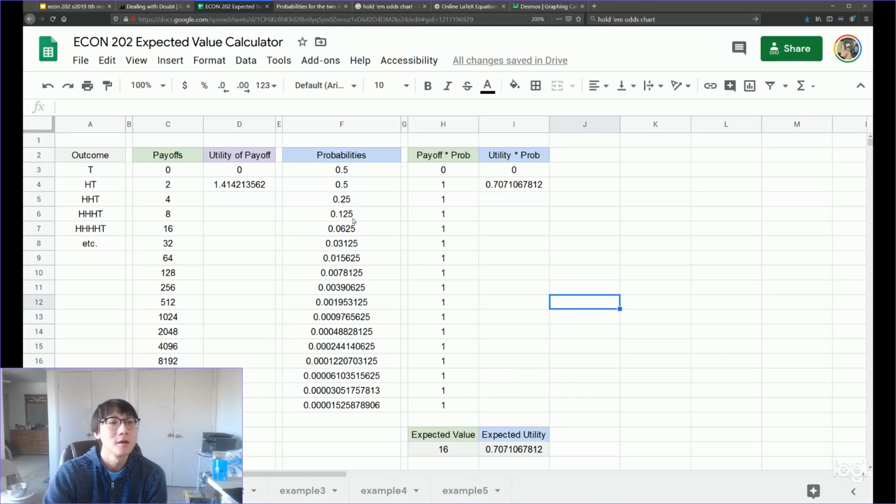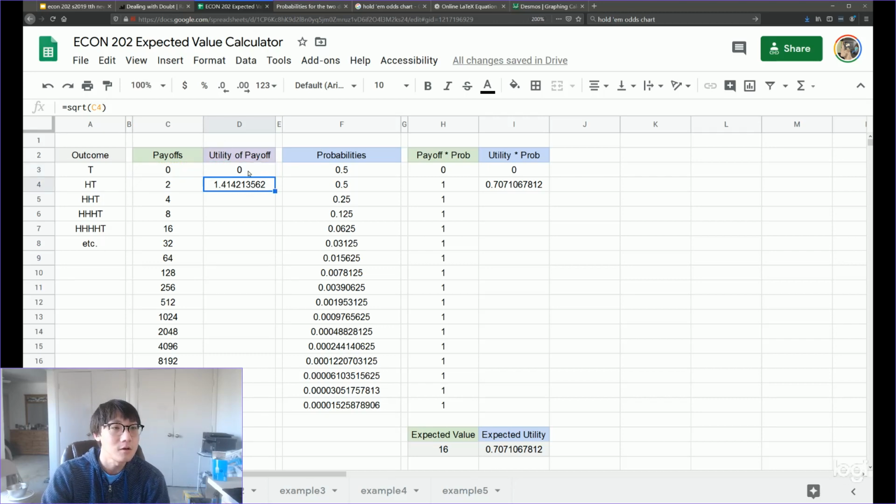Now, as it turns out, this paradox is resolved if we again use the concept of expected utility, not expected value. So let me perform the same calculation, except I'm simply going to use the expected utility. And I'm going to assume the same utility function as last time, that it's basically equal to the square root of the amount of money I'm going to win.